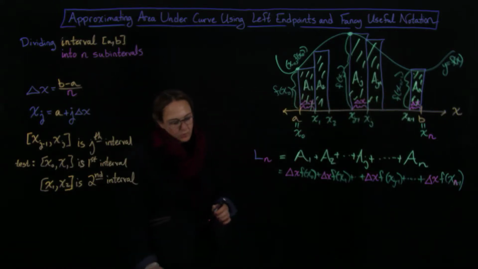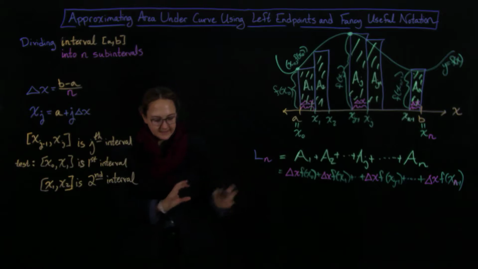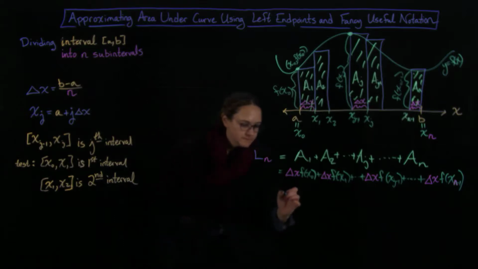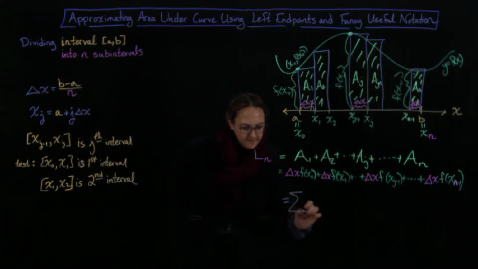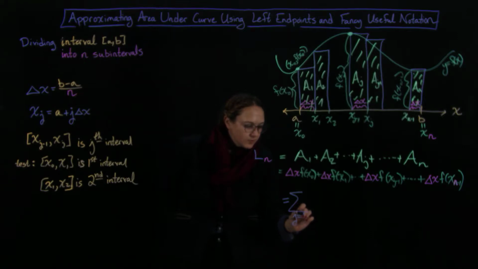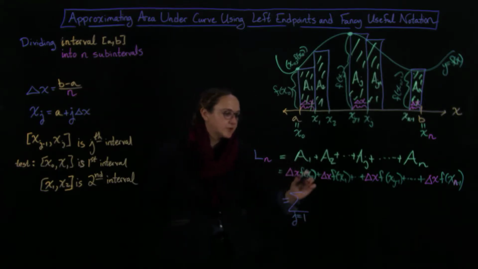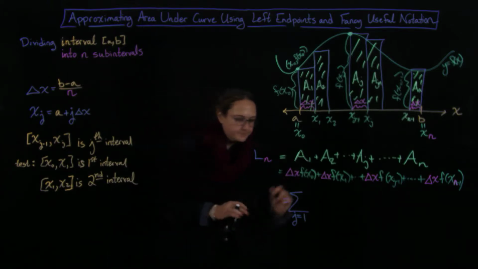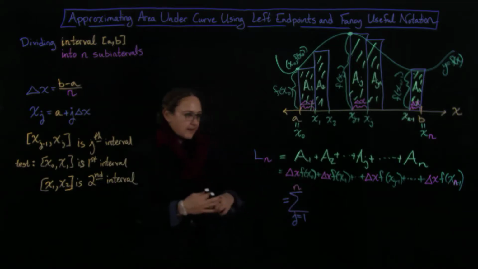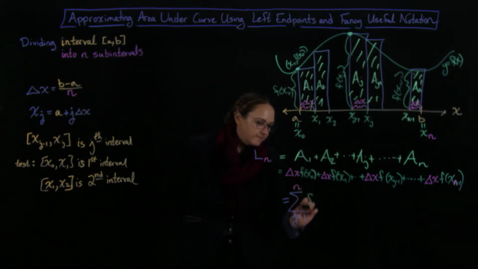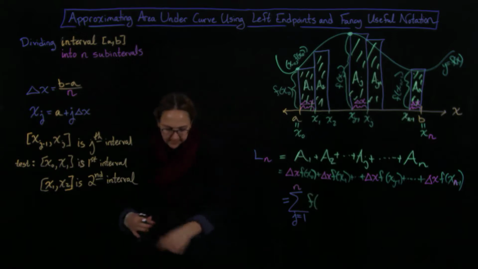Okay, so there is a way to kind of write this in sigma notation. So let me show you. So this is going to equal the sum from, right, and we start with, so our j here, we're going to start with 1 because we're going to start with the first interval. So we're going to have to subtract off 1 to get that, right? And then we're going to end with n. And I have this f, I'm going to put the inside of that in orange.